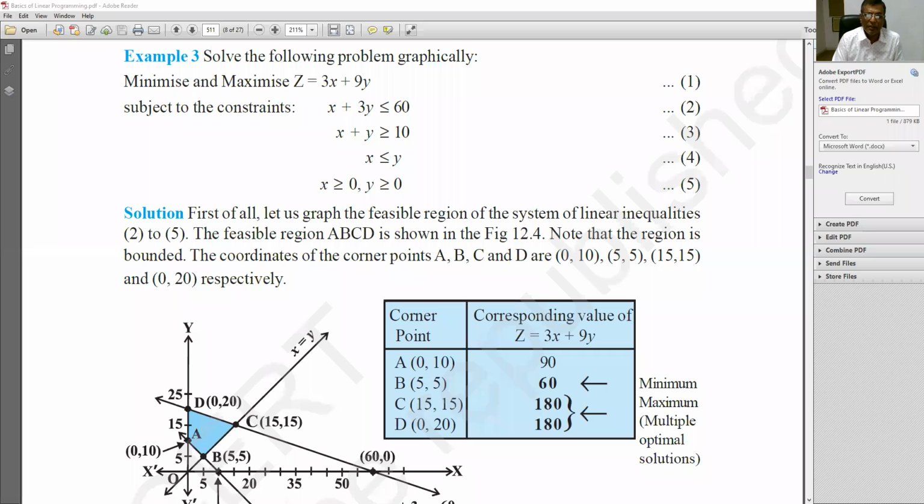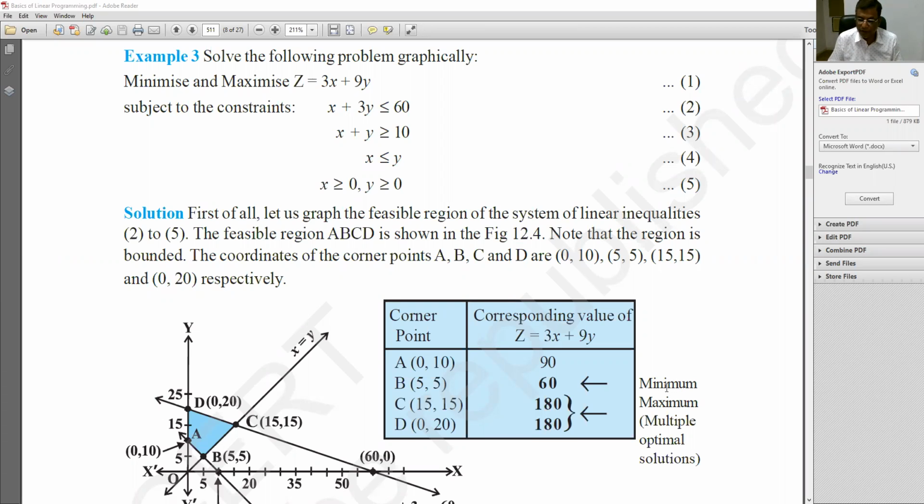For the sake of understanding, I suggest you write this question.